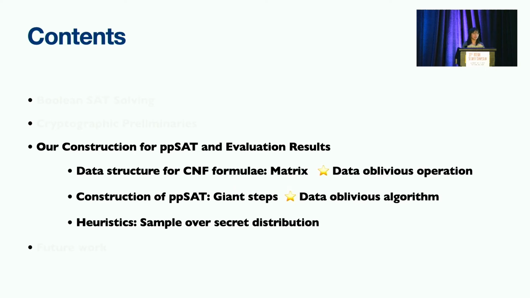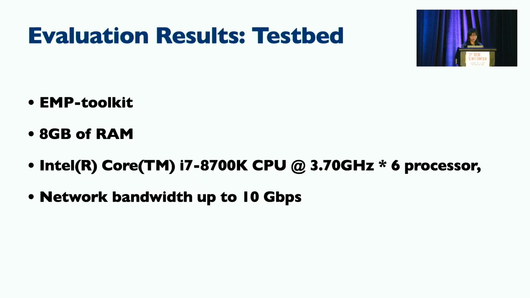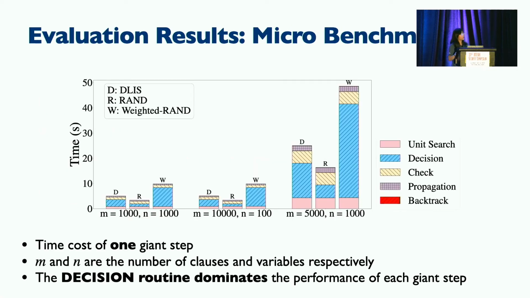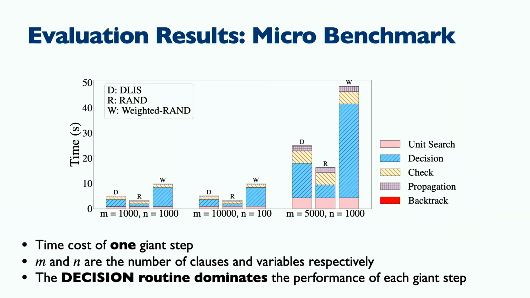Now we have a SAT solver. We also have some heuristics. Let's see what the performance is in practice. We implement our ppSAT solver using EMP and evaluate on this test bed. The first result I want to show you is the time course of 1 giant step. M and N are the number of clauses and variables respectively.